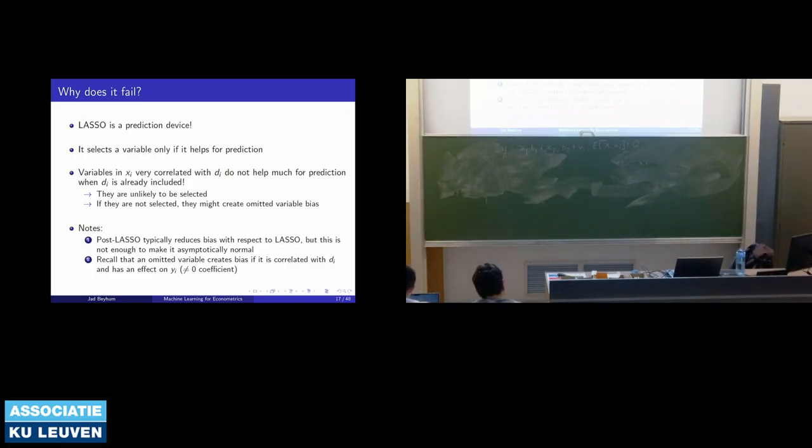So say yi is wages, x1i is gender, and x2i is occupation.